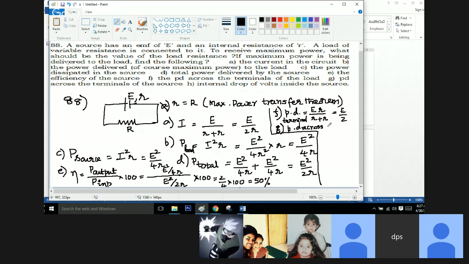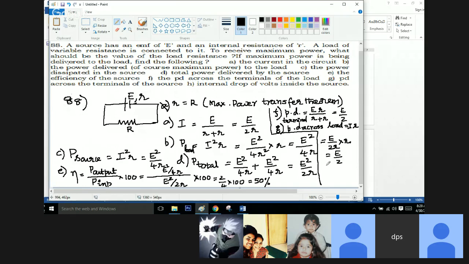And what is PD across load? PD across load also is E by 2. Am I right? PD across load is nothing but I into R. That is nothing but E by 2R into R. The answer is E by 2 only.